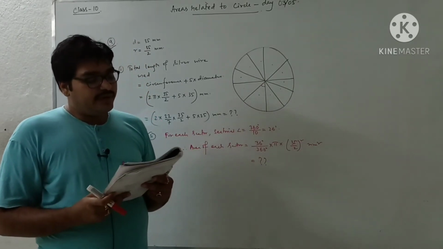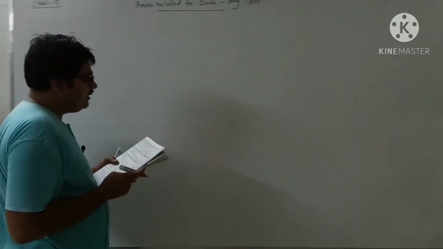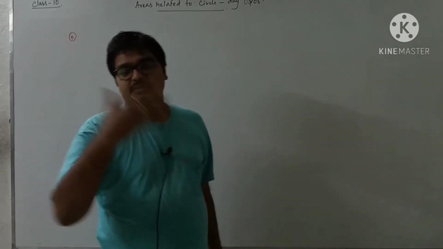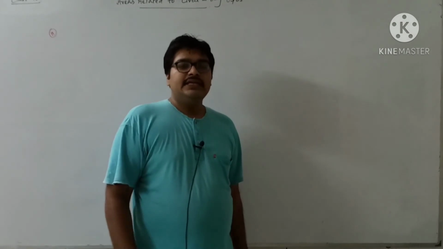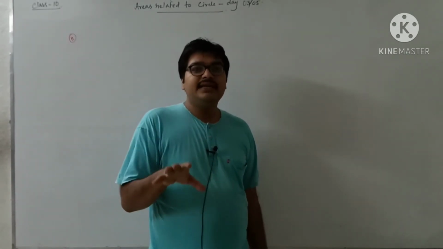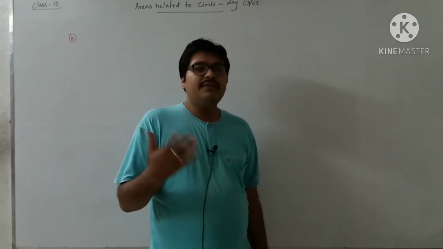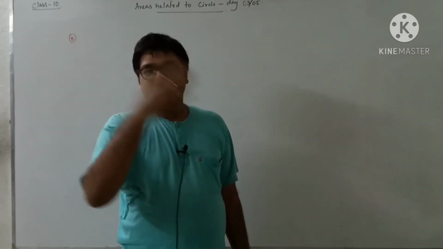Now we will move to our question number 11. A car has 2 wipers. You have seen the car whenever it is driving, whenever it's a rainy day. In that time, what you can see, the wipers are running like this. Correct?